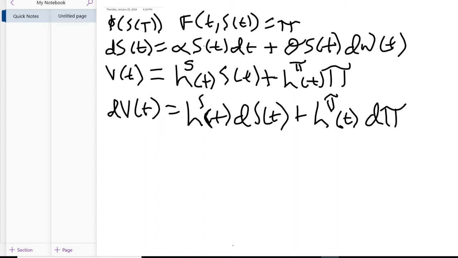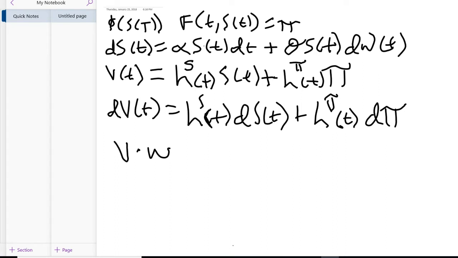Now, this is equivalent to the following. If you think about what H, the number of shares, is, what's another way to think of it? Think of the total value you have invested in the underlying asset or the option. It would be the value of the entire portfolio times the weight.